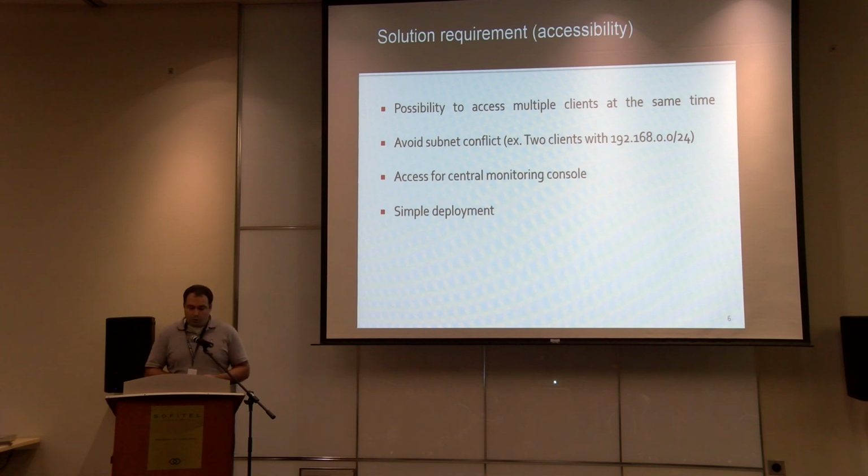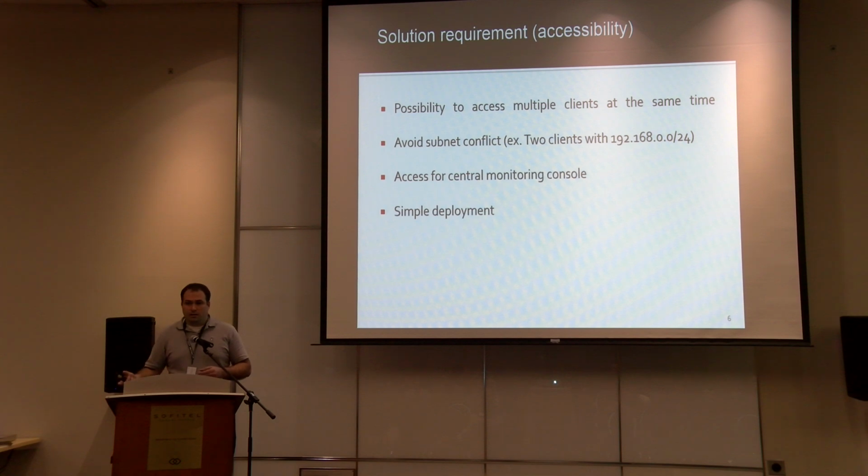So if we go through the requirements, the first one was accessibility. One of those requirements was the possibility to access multiple clients at the same time. The second point is related to the first: in some cases, your clients might have the same subnet in their own networks. What led us to that problem was that at the beginning, we were using a VPN to each client.